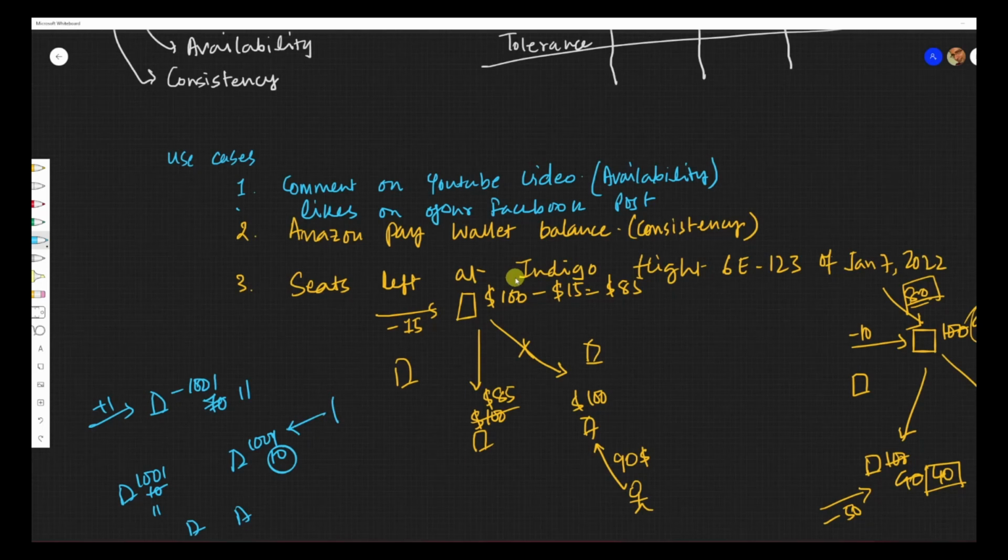So when I'm seeing your post using this, it's showing me 10 likes, but that's okay, right? I'm not going to get impacted by this, right? Only one like or count missing here and there is not impacting me, right? So in these kind of scenarios over here, I will go for availability.